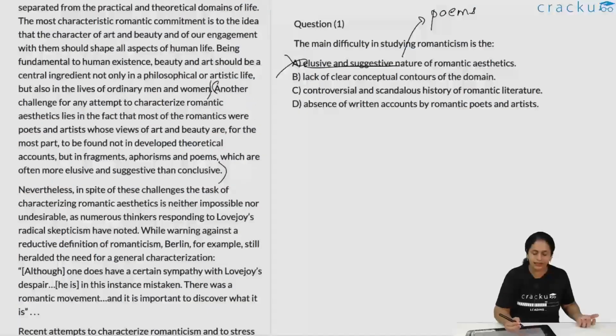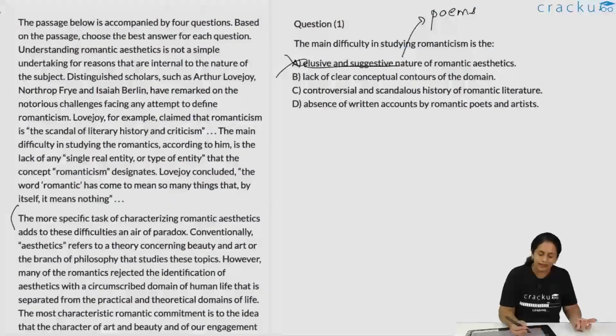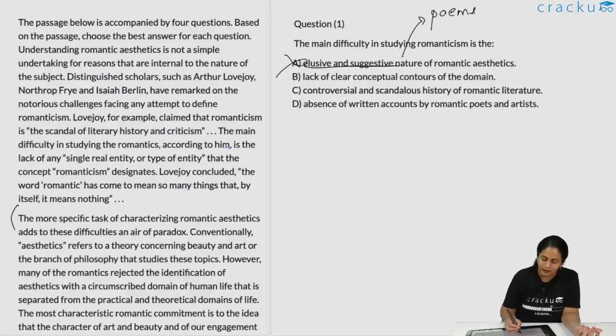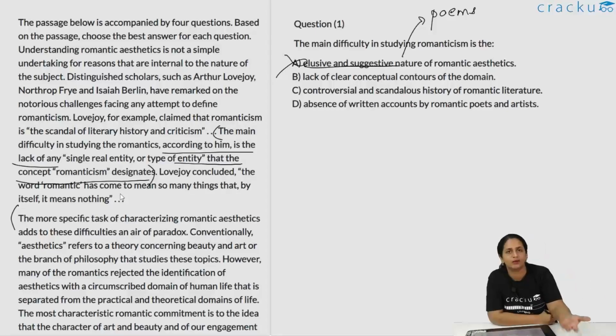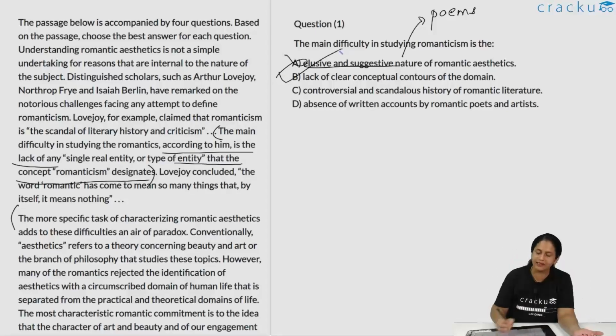Lovejoy clearly says the main difficulty in studying the romantics, according to him, is the lack of any single real entity or type of entity that the concept of romanticism designates. So romanticism is not connected to any concrete idea that you can say, yes, this is romanticism. Because of that, it is difficult to study romantic aesthetics. This is the clear answer as such. They are saying very clearly that the concept has no clear idea.